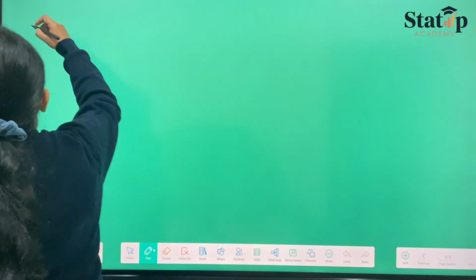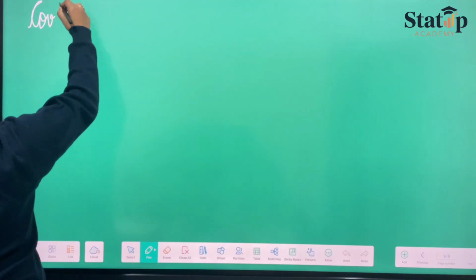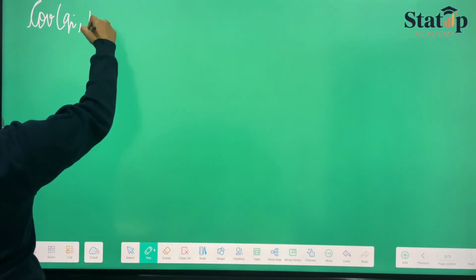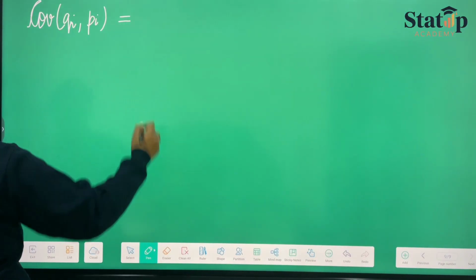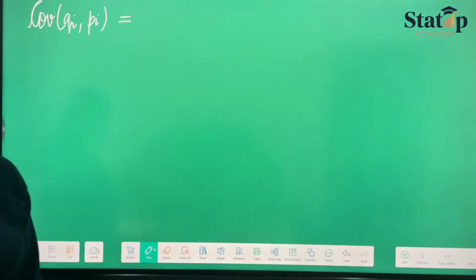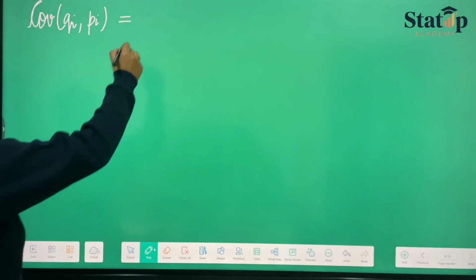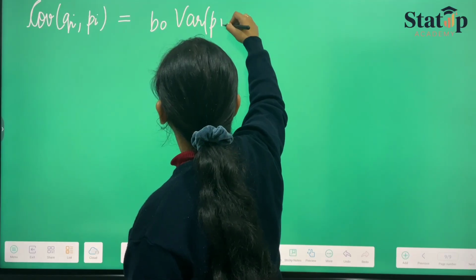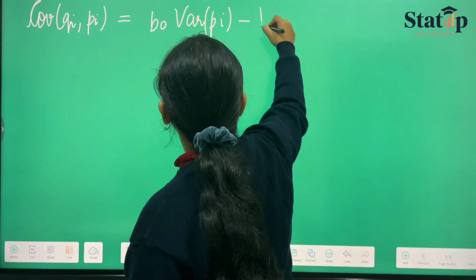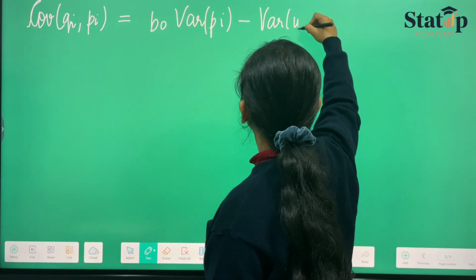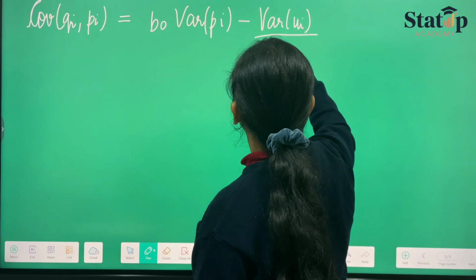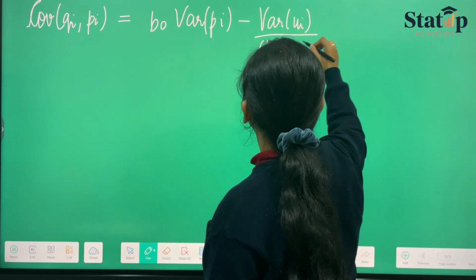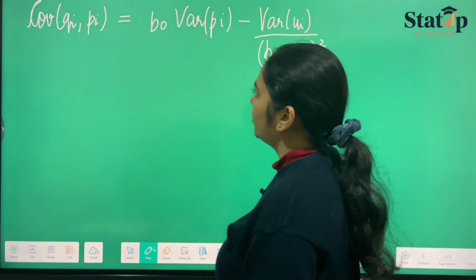So we can write the covariance between Qi and Pi as B0 into variance of Pi minus variance of Ui upon (B1 minus B0) whole square. This we have taken.